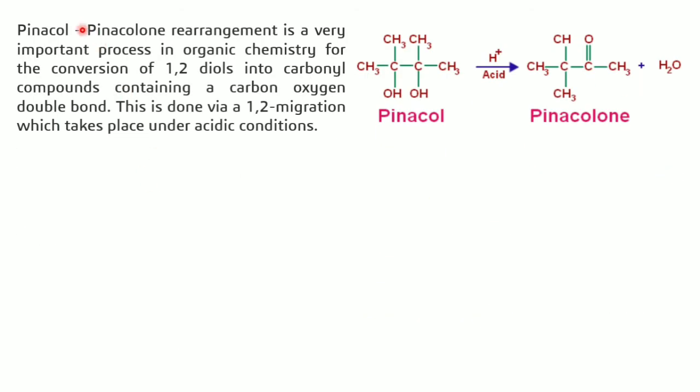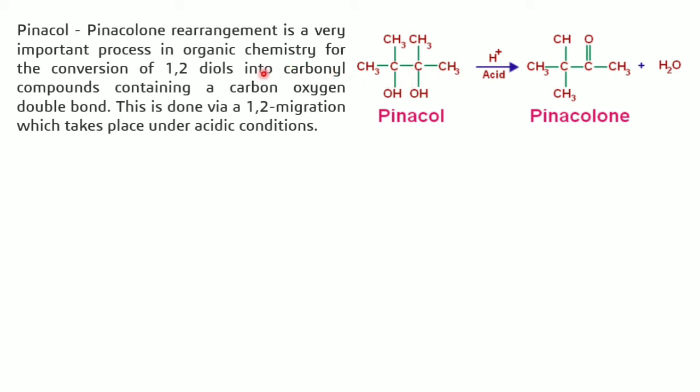First you can see pinacolone rearrangement. It is a very important process in organic chemistry for the conversion of 1,2 diols. Here in the figure you can observe 1,2 diols, where adjacently the OH groups are present. We can also call it vicinal diol, or vicinal alcohols.